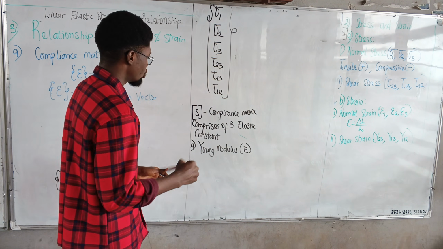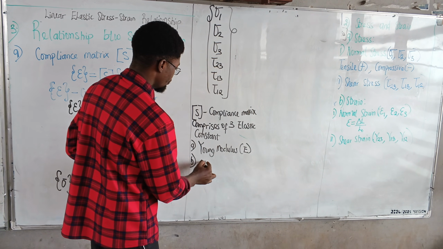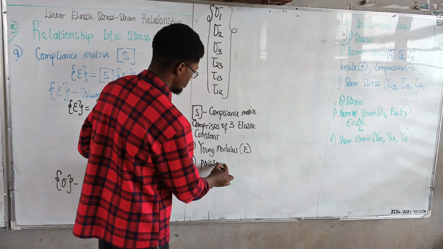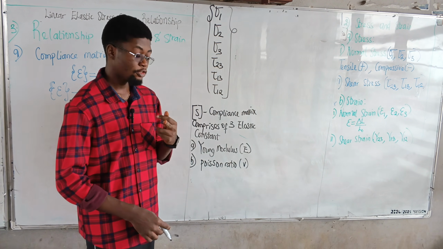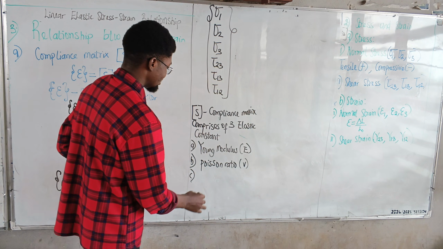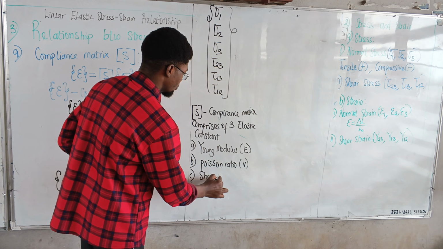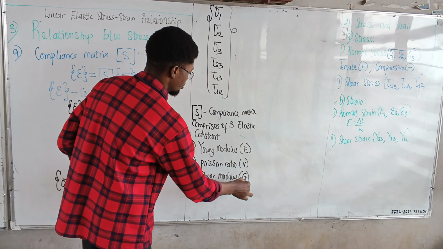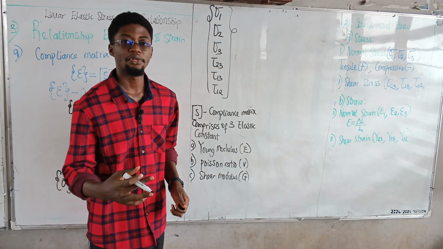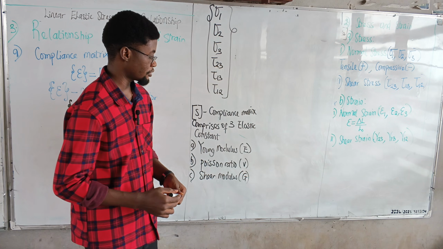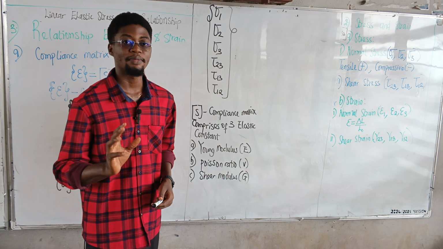Number two is the Poisson ratio. We use a small v to represent it. Then the third one is the shear modulus. So we use capital letter G to represent it. So in our compliance matrix, we're dealing with three material or elastic constants, and my compliance matrix is a 6x6 matrix.